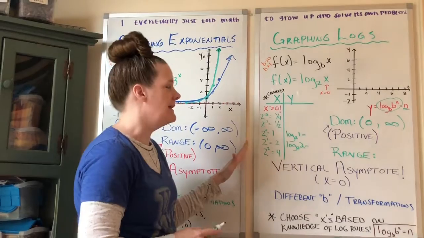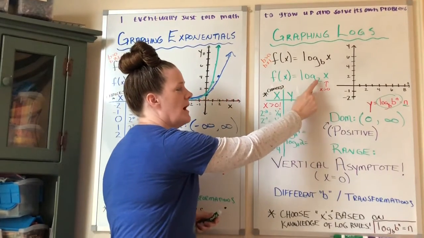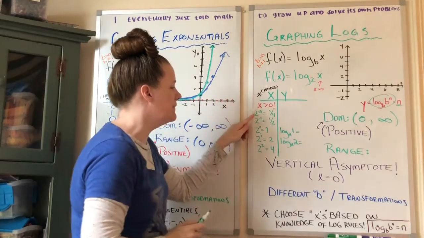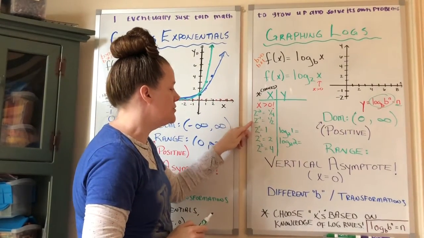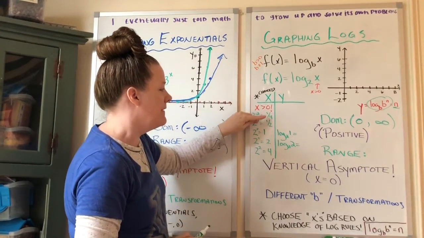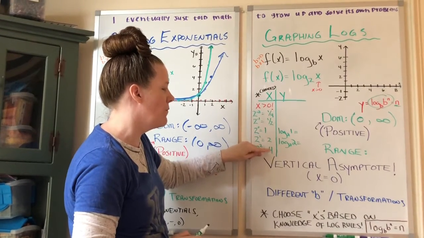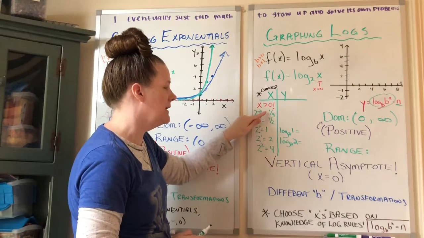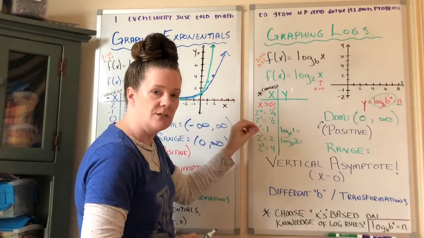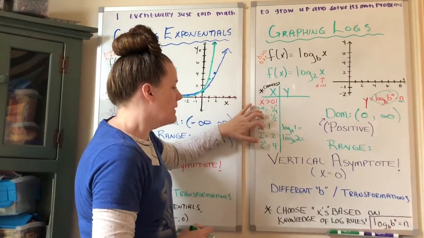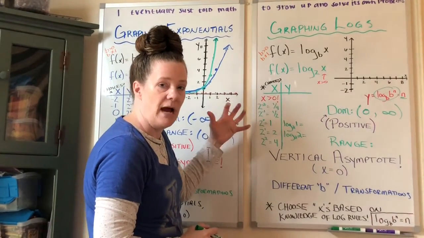What I mean by that is, if you notice this problem, the base that we're doing is a 2. So look very carefully at each of these choices for x. I have 1/4, 1/2, 1, 2, 4. Well, if you look really carefully, those are all powers of 2. So great choices are numbers that are powers of 2.